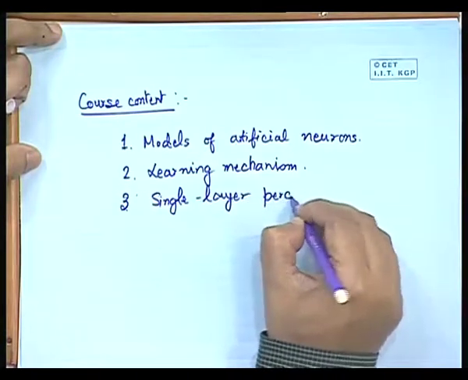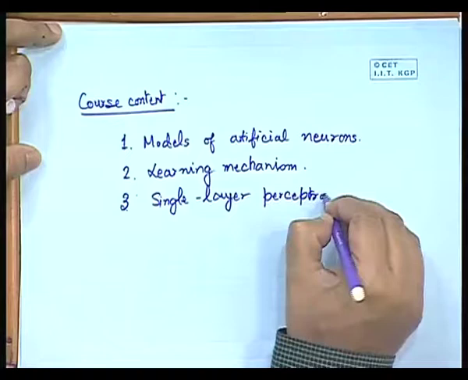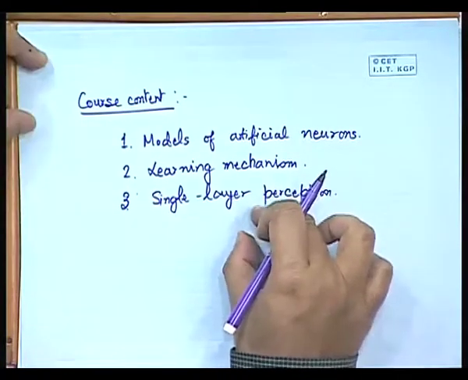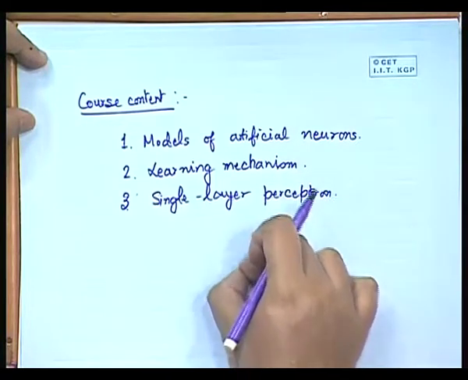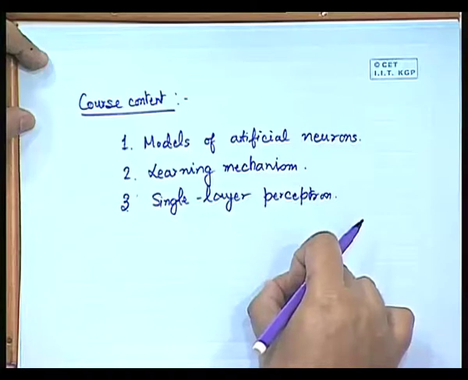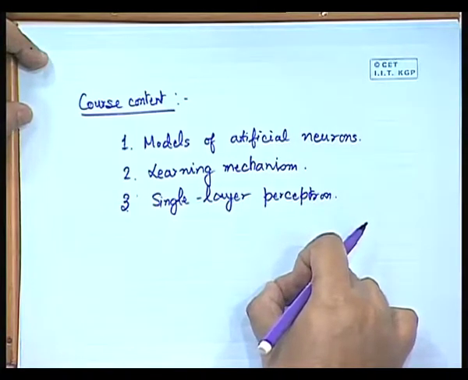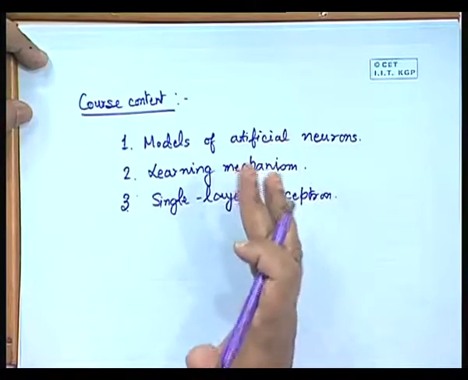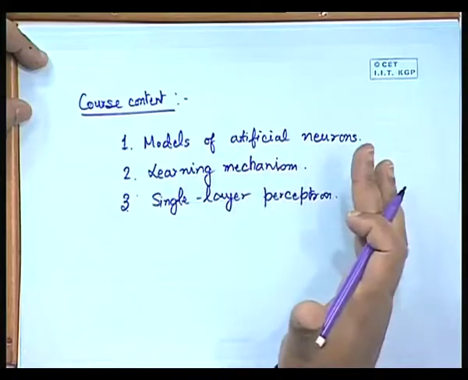In the single layer perceptron, we will be considering a network of neurons organized as just a single layer. So, we will have the inputs, then a layer of neurons, and then the outputs, and the layer that is available is a single layer.